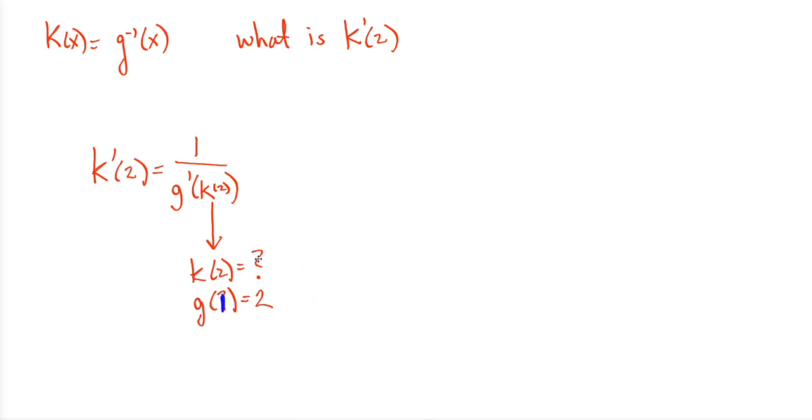So then 1 is going to go in place of this question mark. K of 2 will be 1. The bottom of the formula is going to be 1 over g prime of 1, which should be directly in the table. 6. So then the inverse derivative at 2 is 1/6.